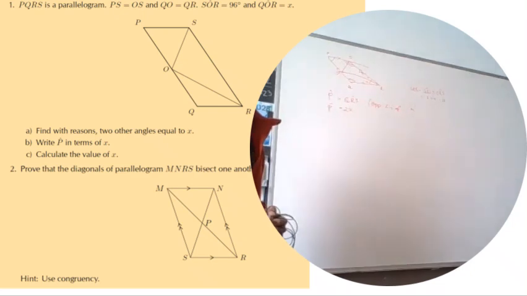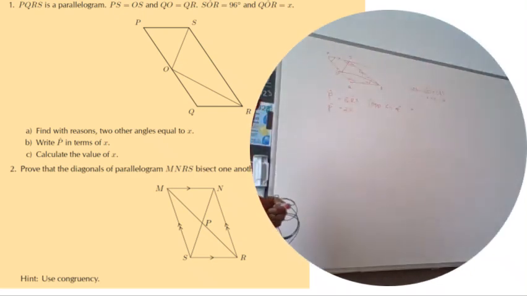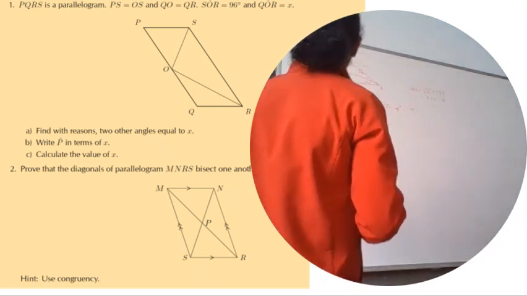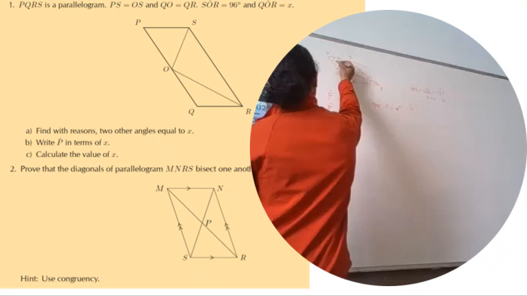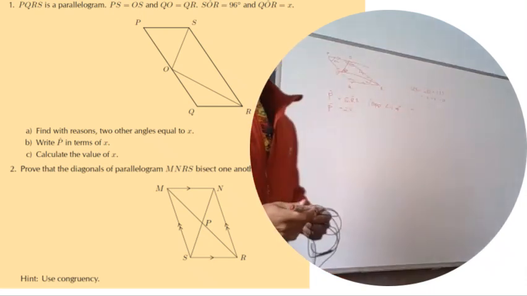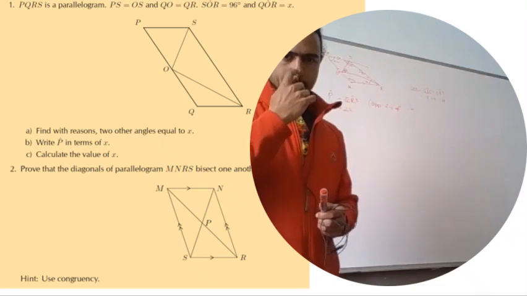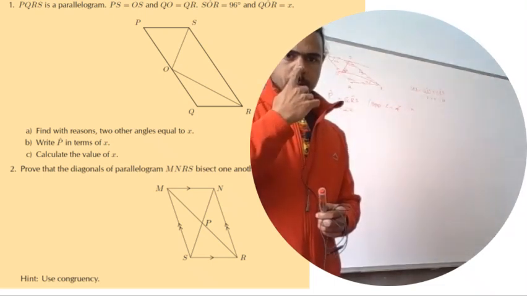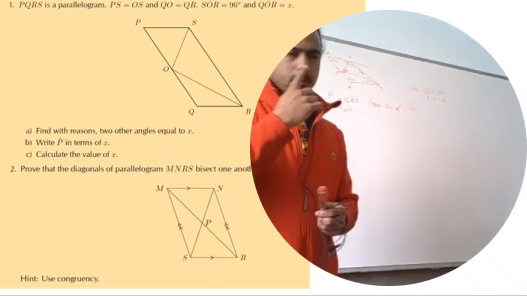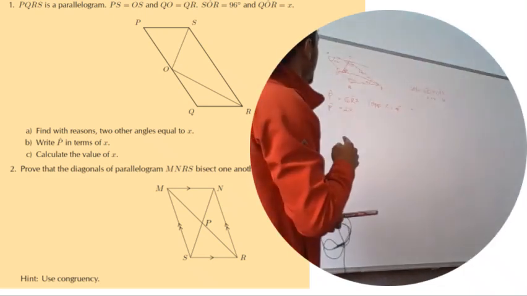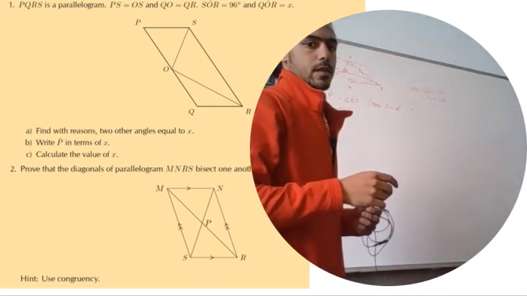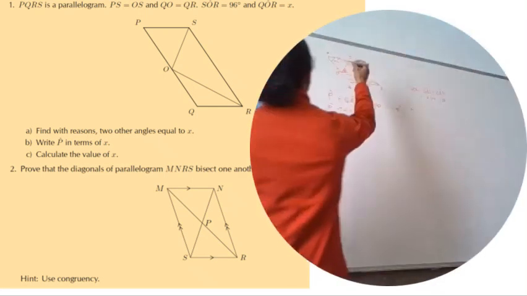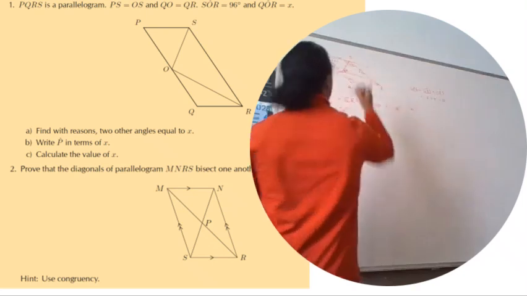If I go back to my information, they give me that angle SOR is 96 degrees. Then I worked out this is 2x. And then we add that this is most likely an equilateral triangle, or is it?